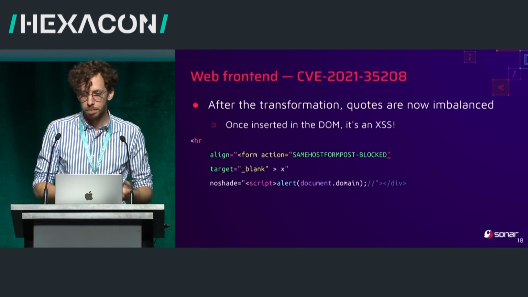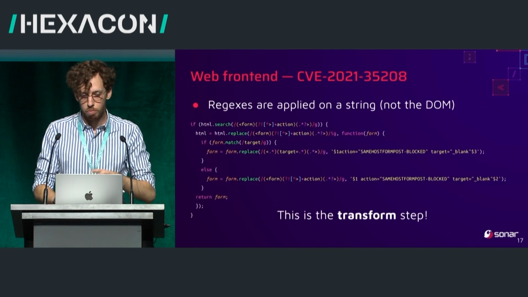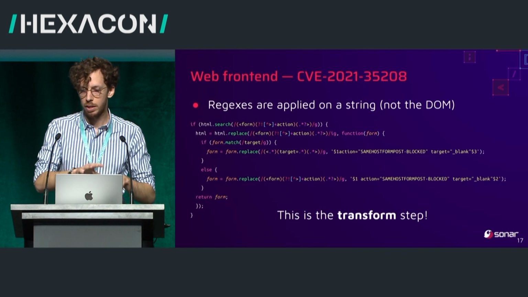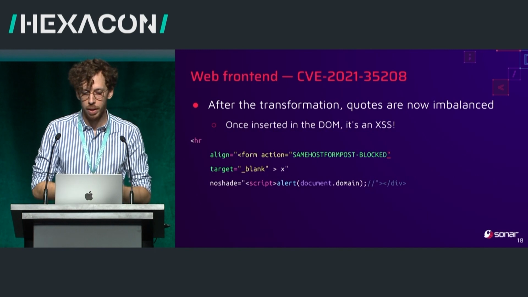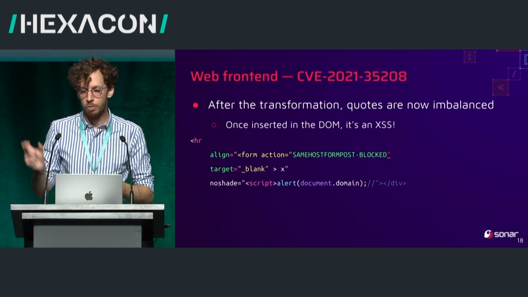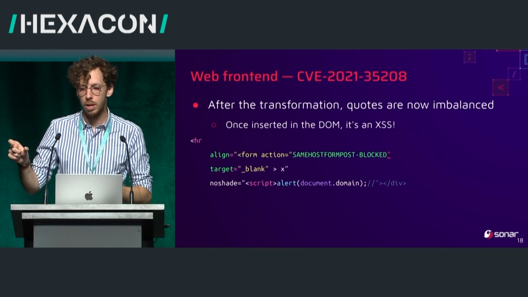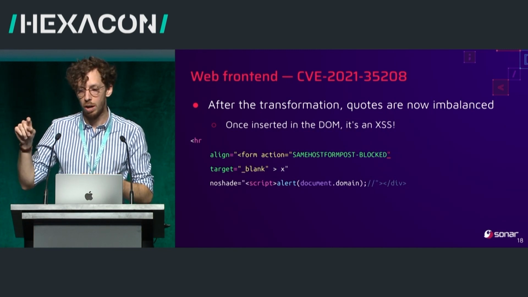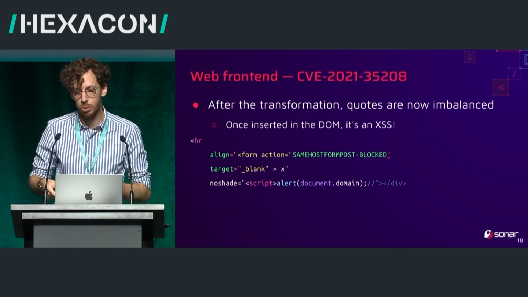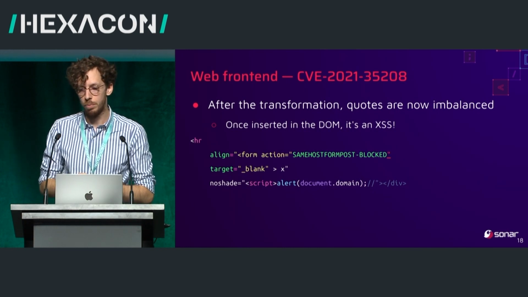And as we see, it's processing here. The data is processed as a string. So we're applying regexes on structured data, which is a string. So after transformation, the form tag that was in the attribute will be replaced by the regex, and the regex will introduce a new quote that will imbalance the quote and break out of the sanitized code.